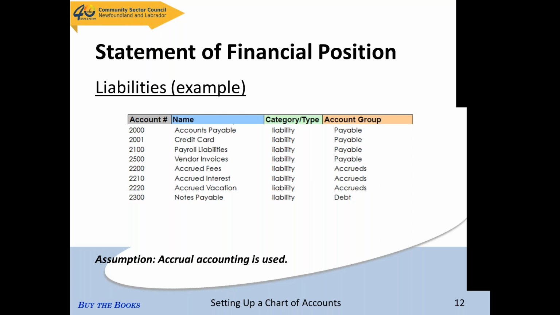But your payables would typically be in that 2000 range of account numbers. And most accounting software can suggest a chart of accounts, so they may suggest your accounts payable is account number 2000. It depends on the software that you are using.